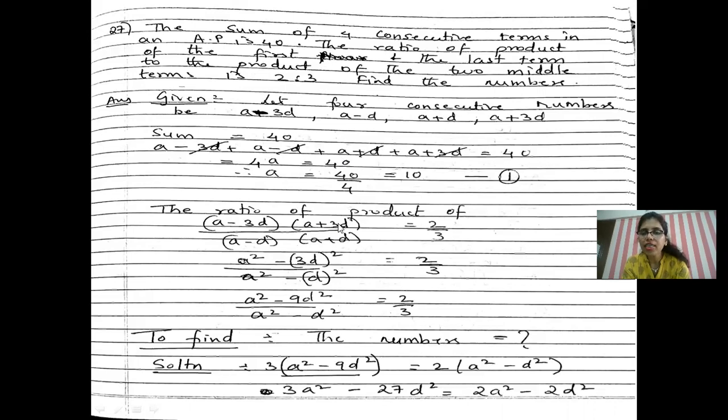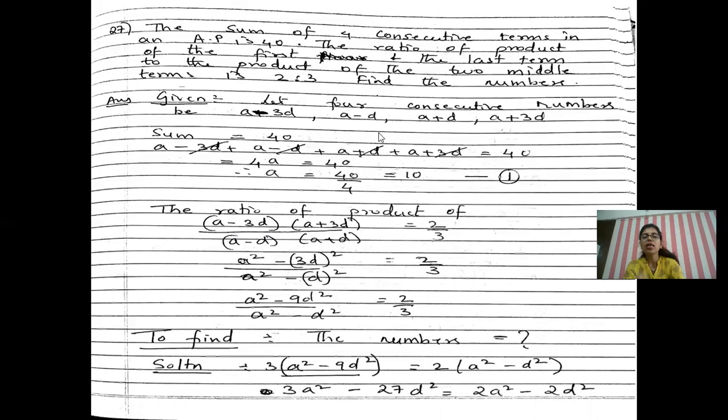Then it is written the ratio of the product of the first and last term. Ratio means division. So the first term is A minus 3D, the last term is A plus 3D, upon the product of the two middle terms. Here you can see the middle terms are A minus D and A plus D. When you're writing, you write in increasing order.